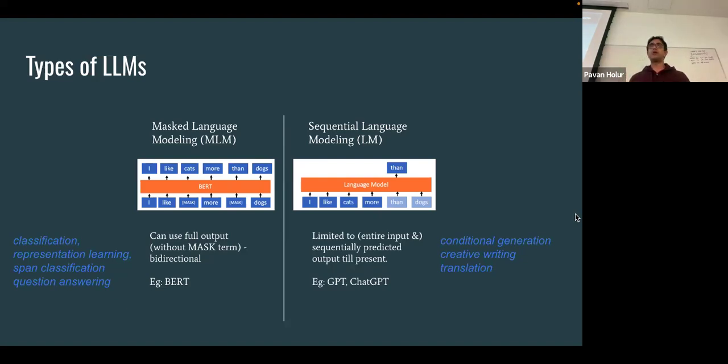So all of these problems emerge from the fact that as I've currently defined it, the sequential language model is only invested in generating the next token. That's it. So you generate one token, you put it in the input, then you generate the next token.